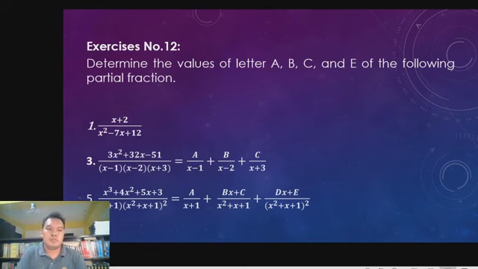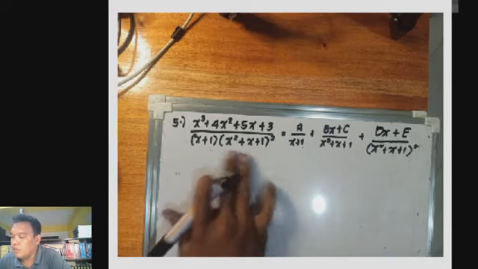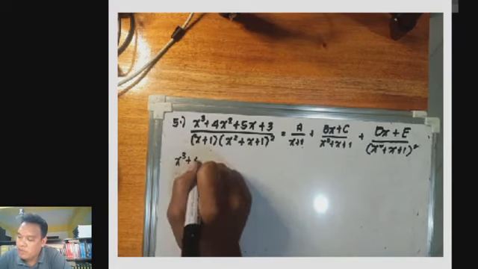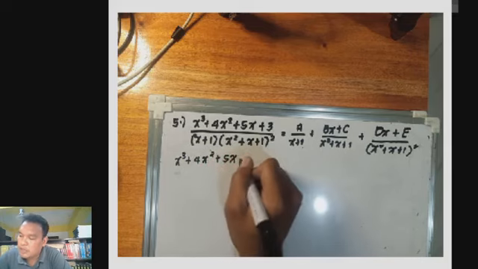Okay? So, here it is. Then, multiply the value by this denominator. So we get x cubed plus 4x squared plus 5x plus 3.